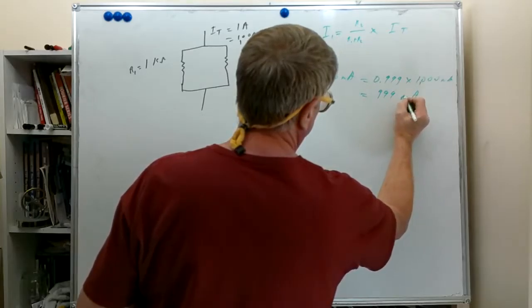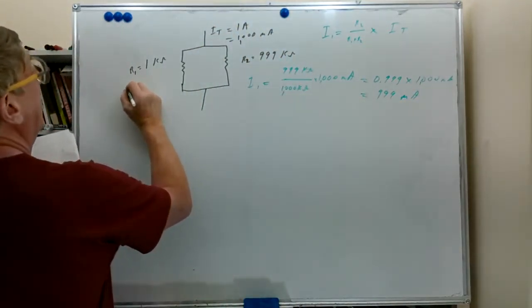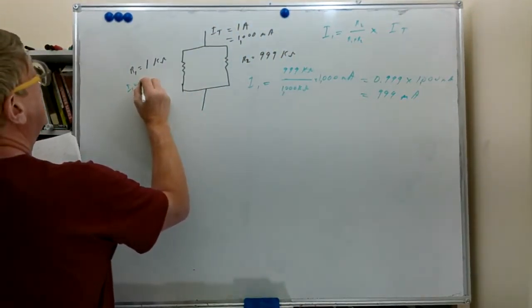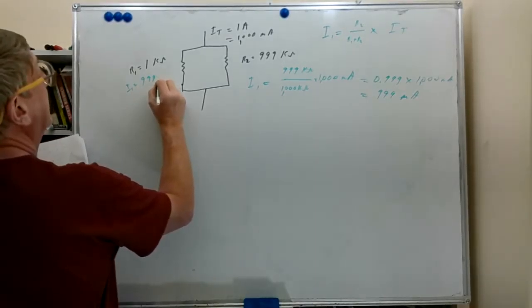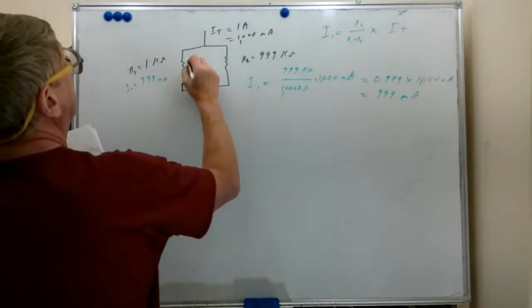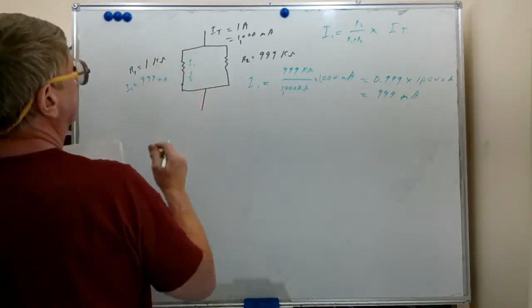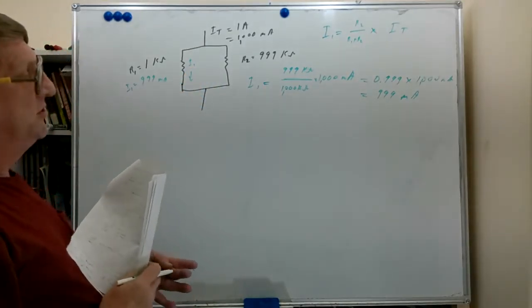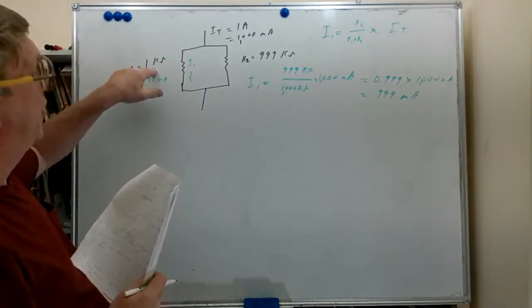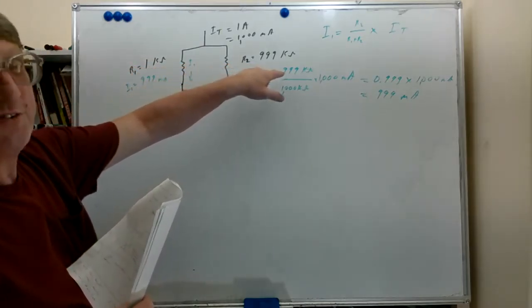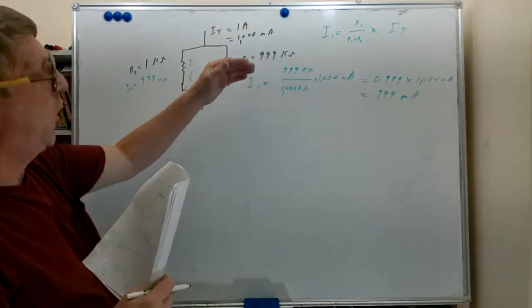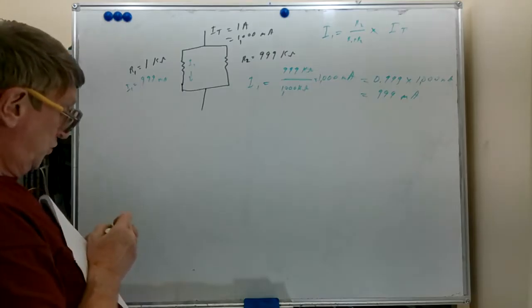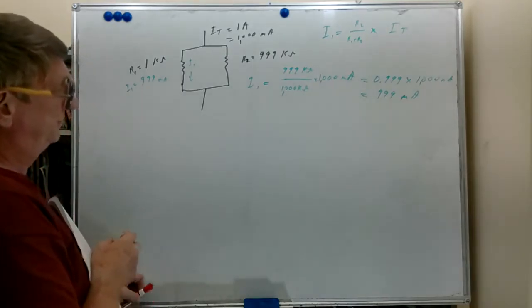So we got I1 equals 999 milliamps. Now you might notice that this much smaller value of resistance ended up with almost all of the current. We're going to calculate I2.